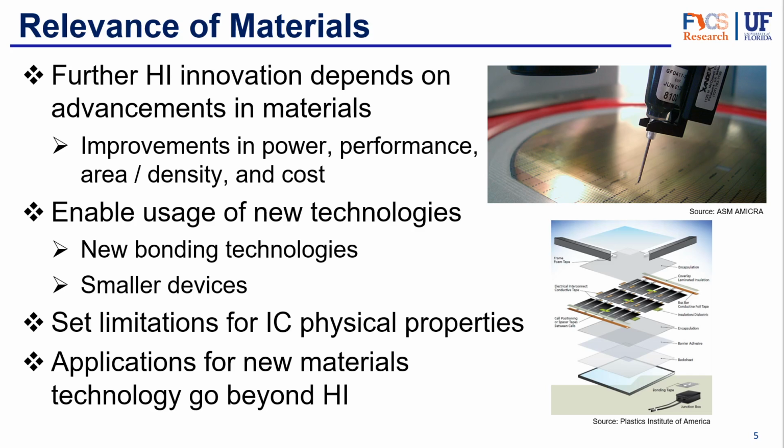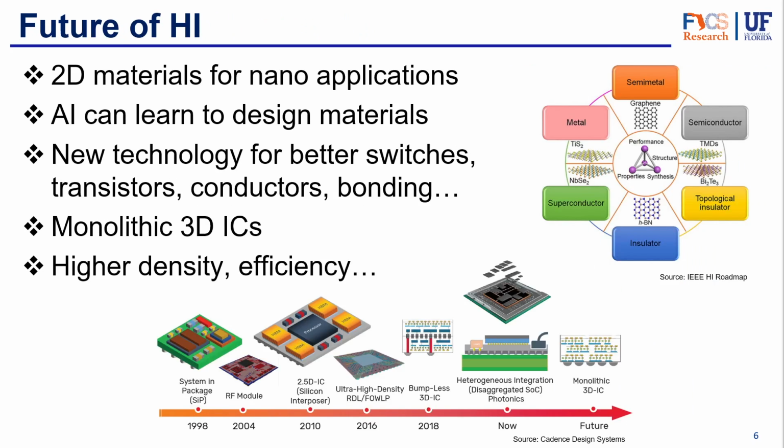But then they also use things like encapsulants or adhesives and things like that, which we also use in terms of the packaging for ICs. So developing new materials for HI can benefit not only the semiconductor industry, but also many other technology fields out there, and that's part of the beauty of it.